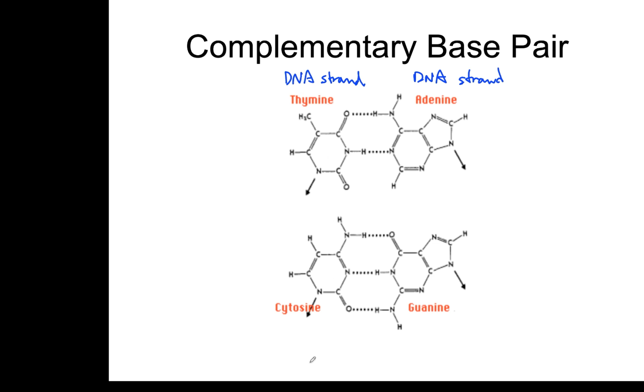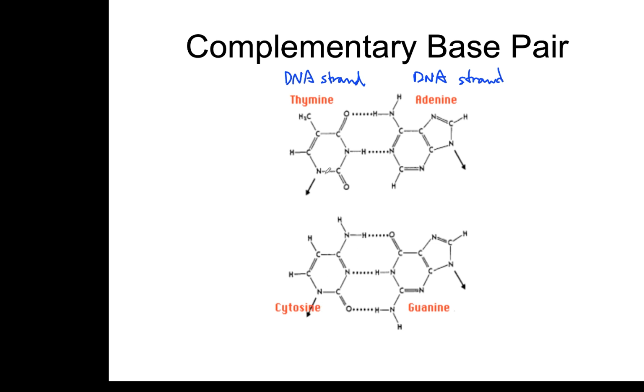When you look at this single strand, here is a thymine base, and the other DNA strand has adenine. So adenine and thymine always bind each other. Guanine and cytosine always bind each other. But thymine cannot bind with guanine, and adenine cannot bind with cytosine.